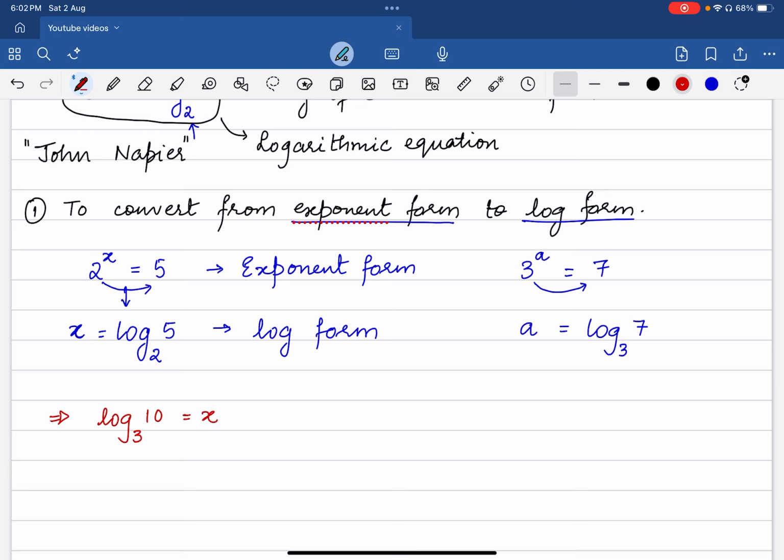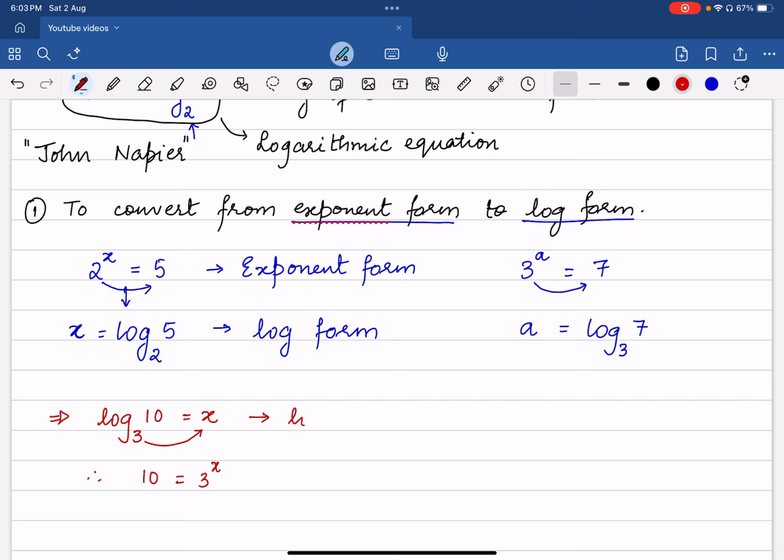Now that is an equation in the logarithmic form. If I were to go from log form to exponent form, it would look something like this, because I will have to take the 3 on the other side, and that is why when the 3 goes on the other side, it comes in the base and it pushes the x in the power.